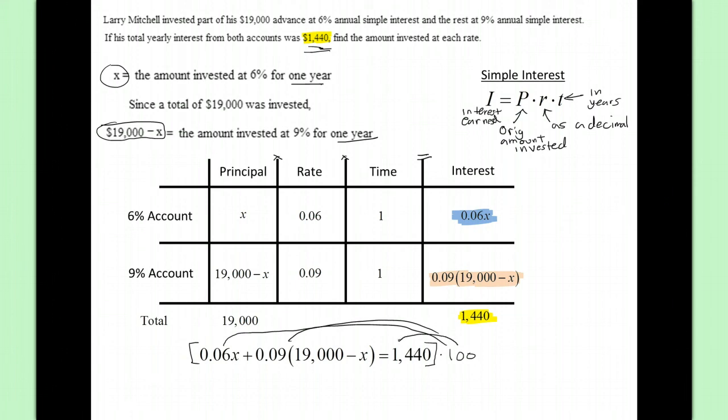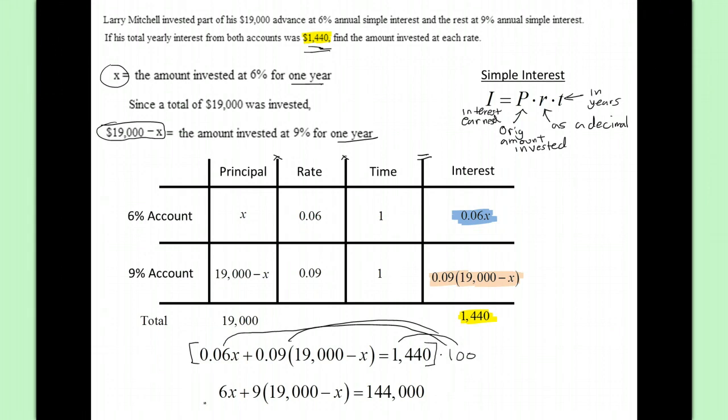And then finally 100, don't forget though, 100 also needs to be multiplied on the right-hand side to keep the equation balanced. 100 is moving the decimal place twice, so you get 6x, and you'll get a 9. You don't put the 100 inside the parentheses. You just put the 100 times the 0.09, and then you throw on 2 zeros to the end of 1440, and you'll end up with 144,000. Solve this equation for x, and you'll know exactly how much Larry put in the 6% account.